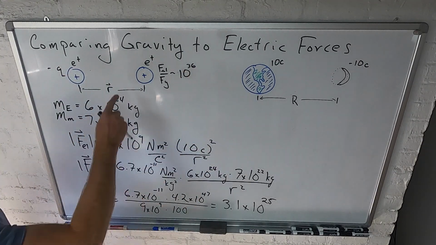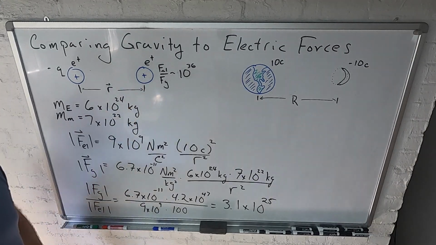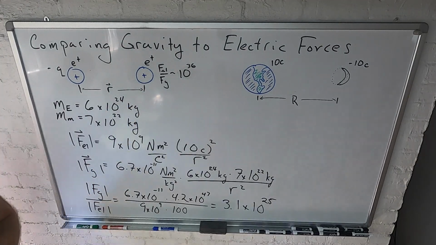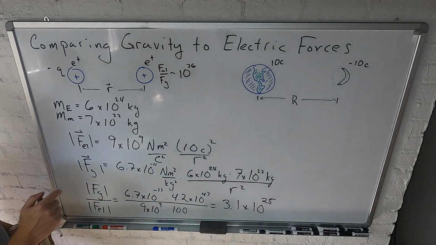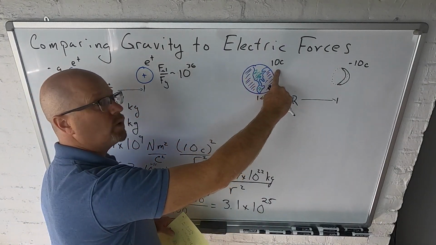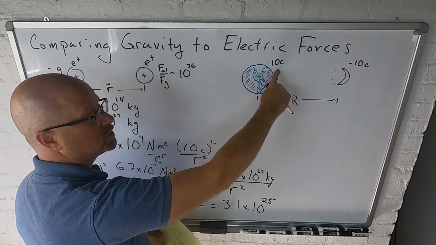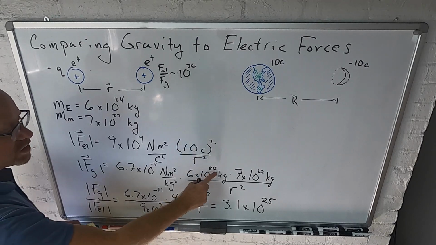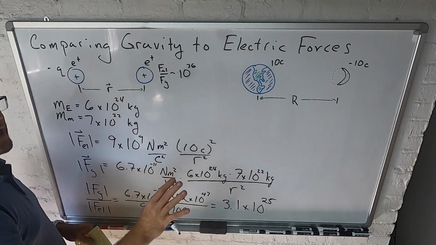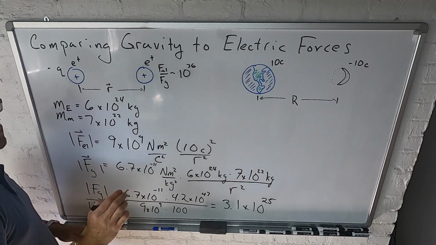We saw that the amount of electric charge on each one of these was really quite small, 10 to the minus 19 coulombs. This is 20 orders of magnitude more charge than this. But in the case where you have large masses, gravity is the dominant feature.